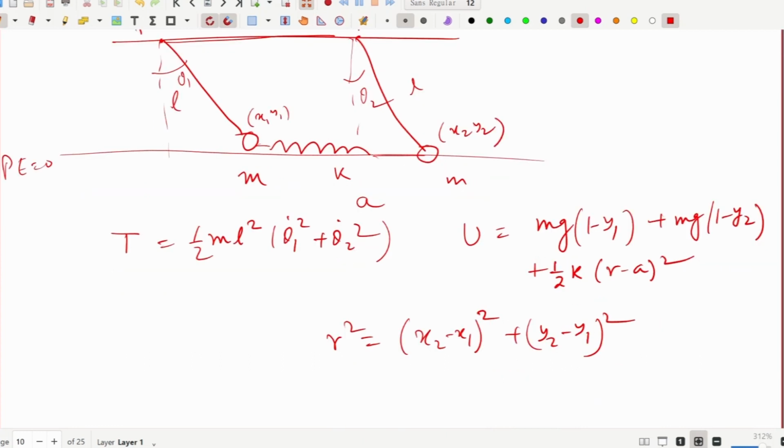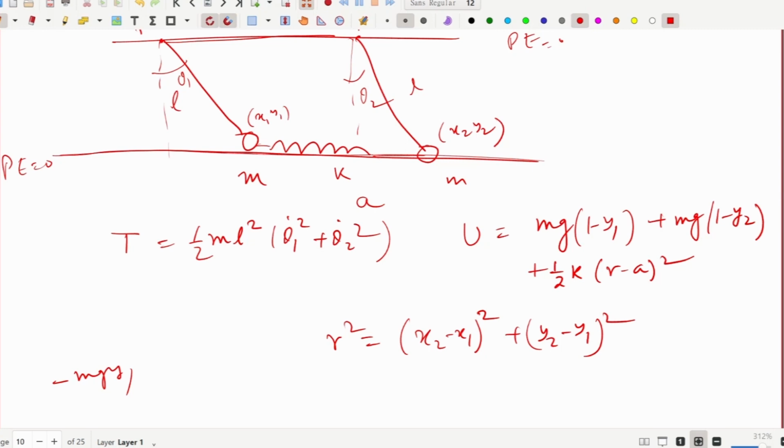And why is it not minus mg y1? Because this time I have considered the zero of the potential energy at the equilibrium position. If the zero of the potential energy is taken at the top, then it will be minus mg y1 and minus mg y2.